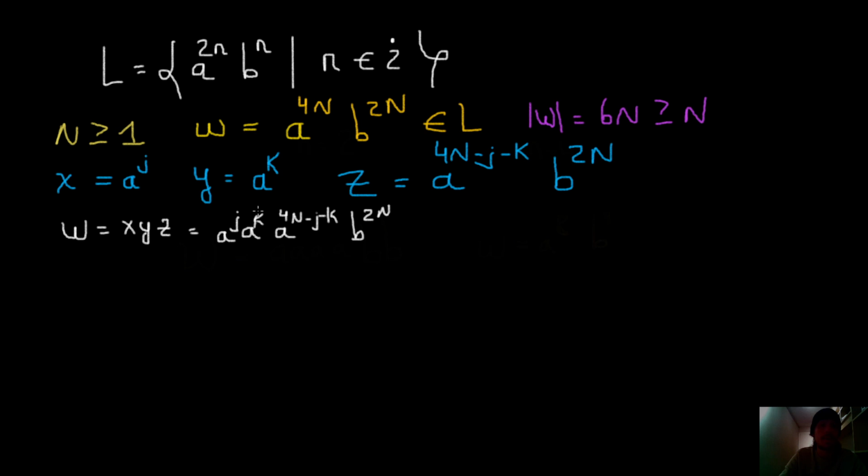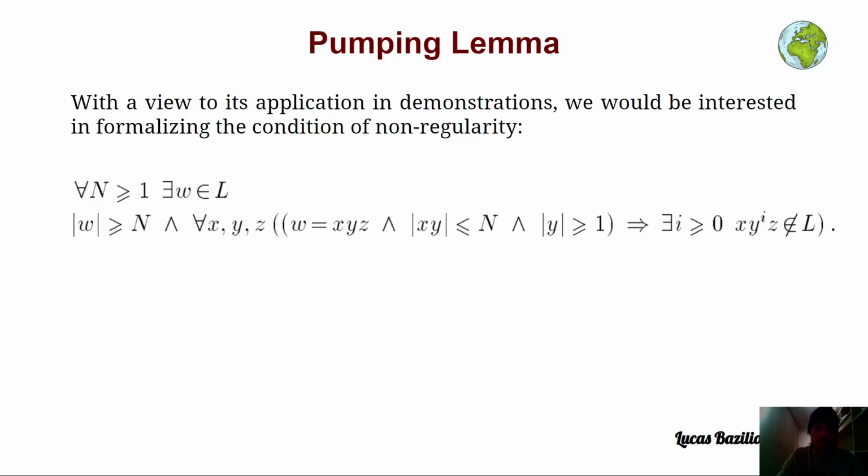We can simplify this j with this j, and this k with this k, and at the end we have a raised to 4n concatenated with b raised to 2 times n, which is precisely the word w, right? So everything is alright, as we can see here.